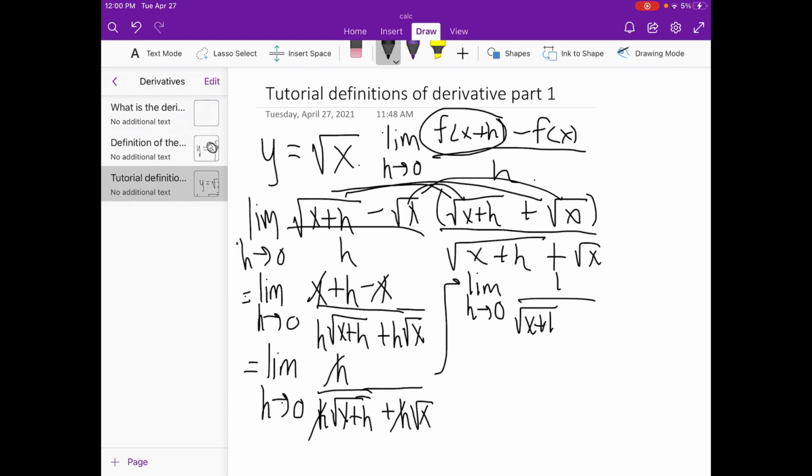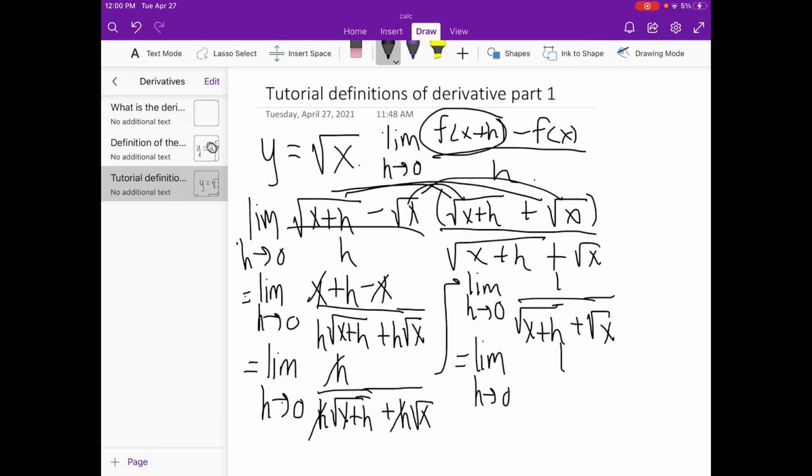So, okay, let's write down our simplified expression. We got our root x plus h plus root x, nice.